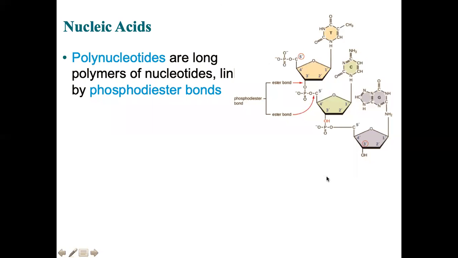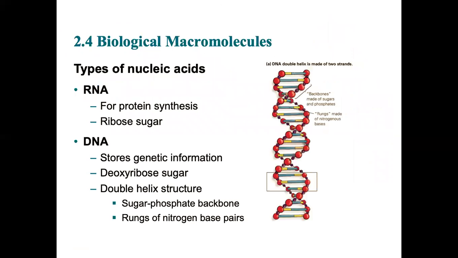And as you know, you've probably seen pictures of DNA like that very long helix structure, this one. That's many nucleotides. Remember the red is the sugar and the purple is the phosphate. And then these rungs are the nitrogenous bases that interact with one another.